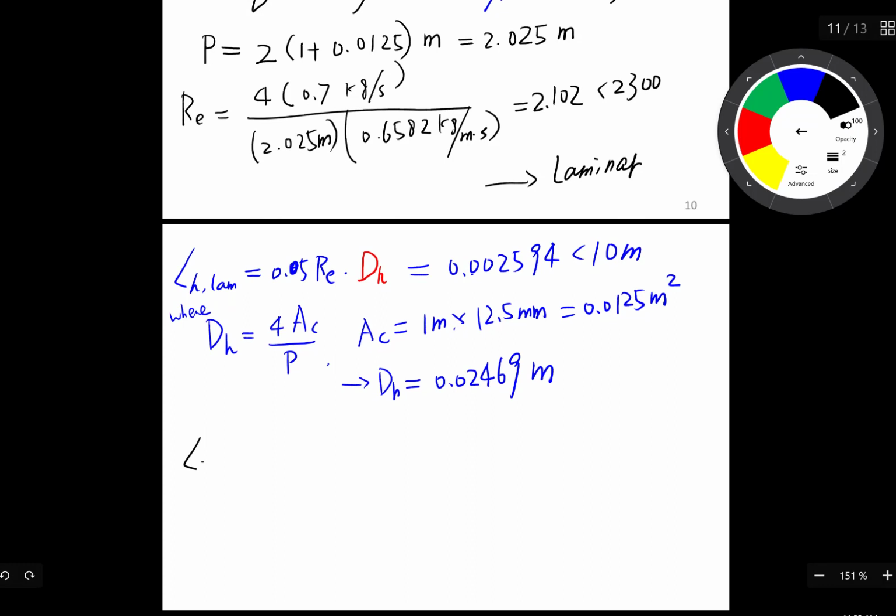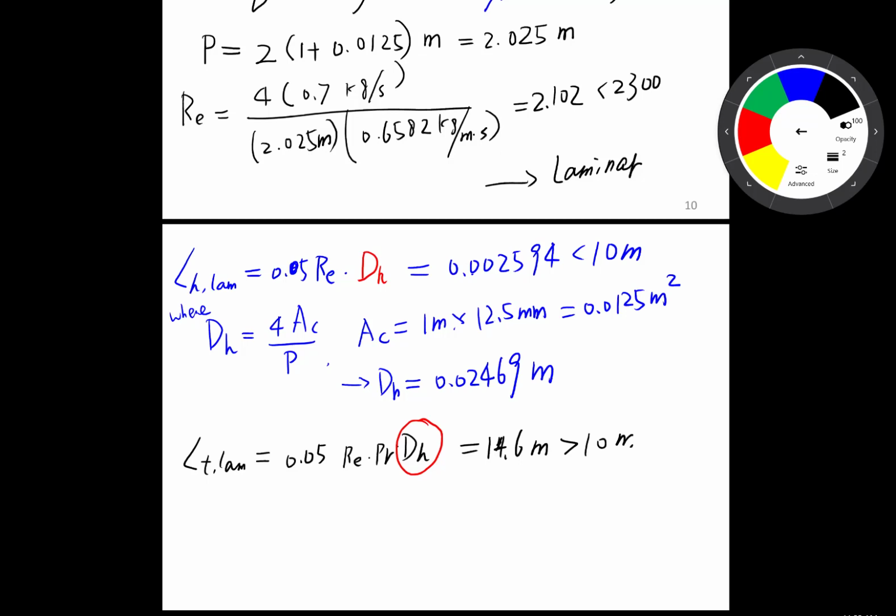Now let's compute the thermal entry length of this laminar flow. Again, this should be the hydraulic diameter. We find the thermal entry length is larger than the length of the plate. This means the flow is still thermally developing.